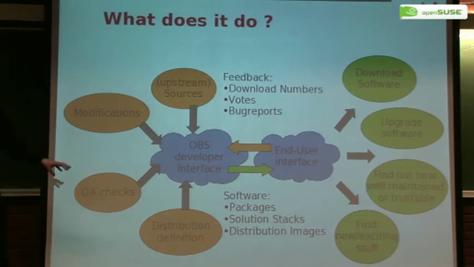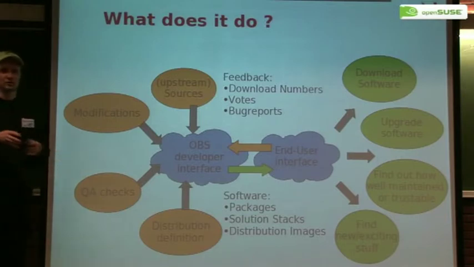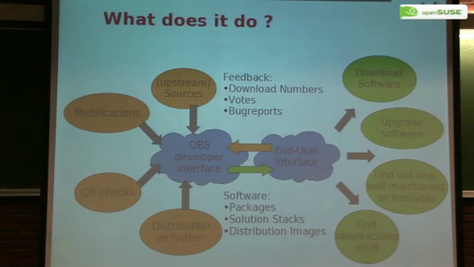And the distribution definition is also a topic to be discussed. Very often there is a case of, hey, add this package and remove this package or update and so on. And all this process should also become transparent and be part of the config file.